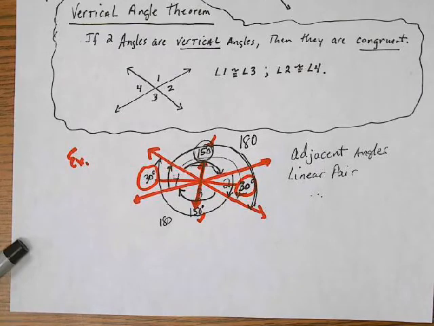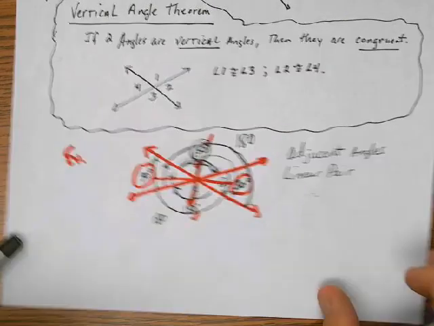And we just proved it by looking at just two lines, using the idea of a linear pair, 180 degrees, and those. They're always equal. Always. So vertical angles are always equal. Okay? We don't get to say always very often in math, but we can here. They're always equal.